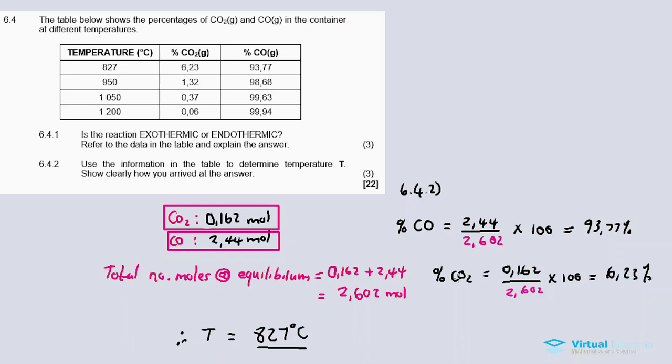So the percentage for carbon dioxide is 6.23. It simply means that our temperature is 827. So it doesn't matter whether you do this one or this one. So question 6 ends here.